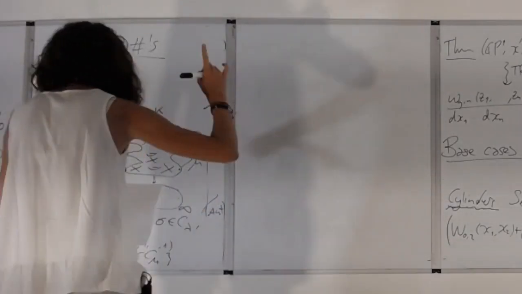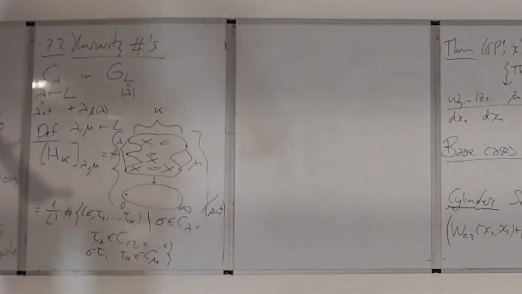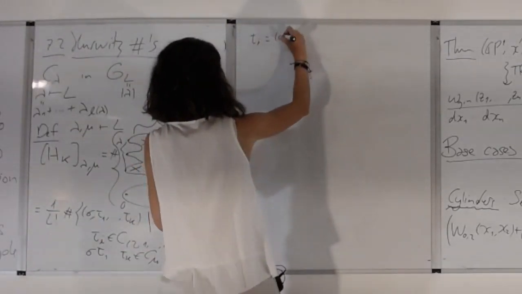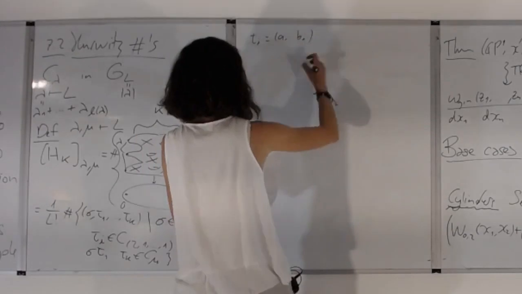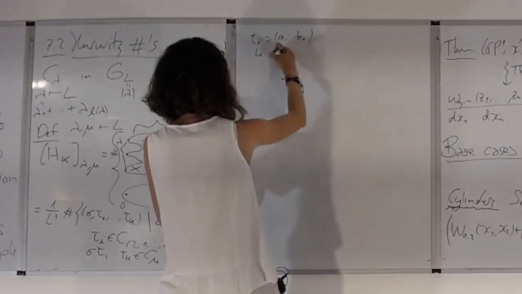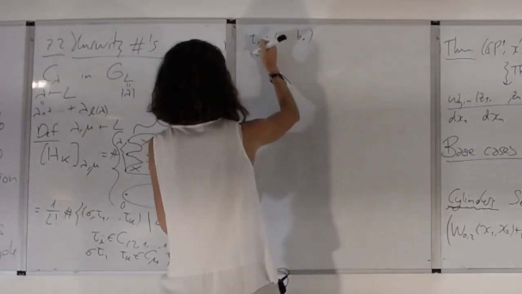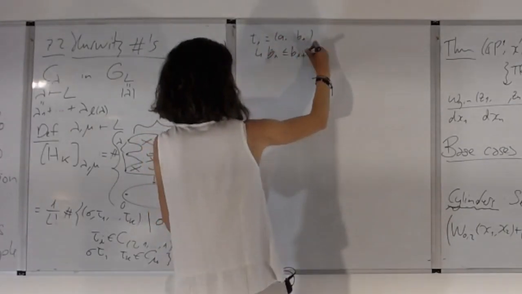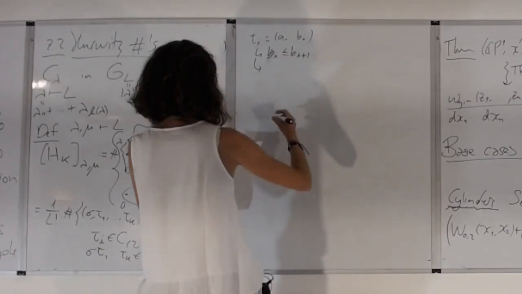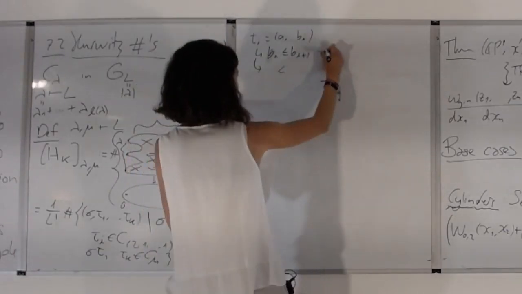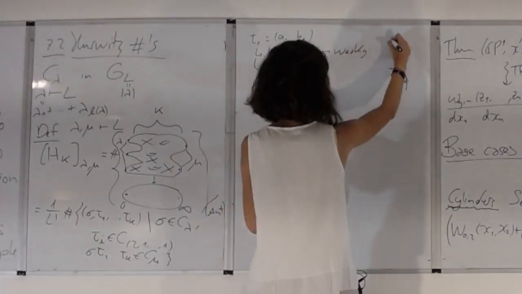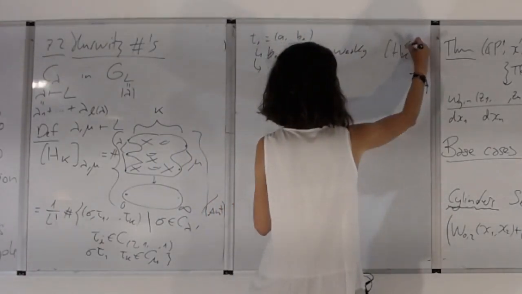Okay, so I have to say what I mean. Just briefly, if we write the transpositions like this, and we have that the b_i are increasing, but weakly increasing, then we call this weakly monotone, and we denote them just like this.